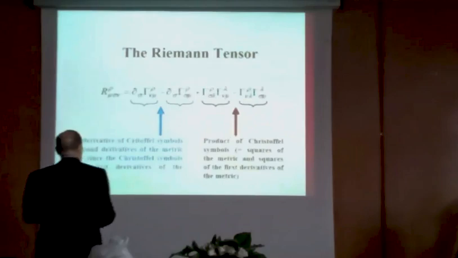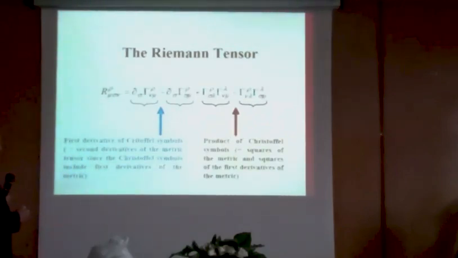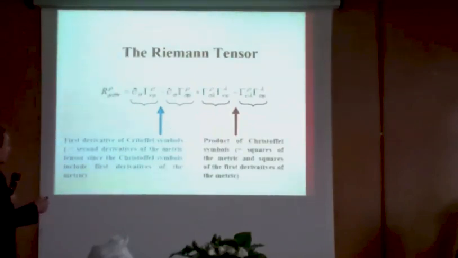Now, in this Riemann tensor, you can see you have four indices and two parts. One part is the subtraction between two derivatives of the Christoffel symbol of the second kind. Of course, this consists of the metric, so each of these contains a second derivative of the metric.